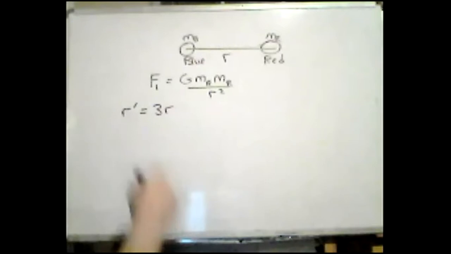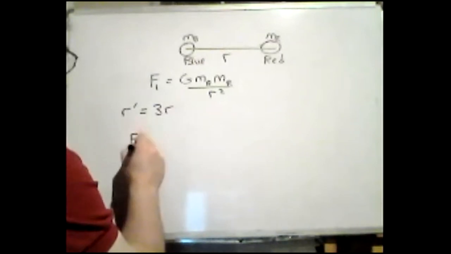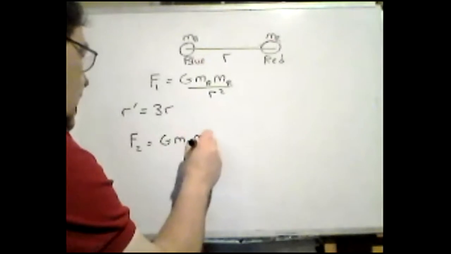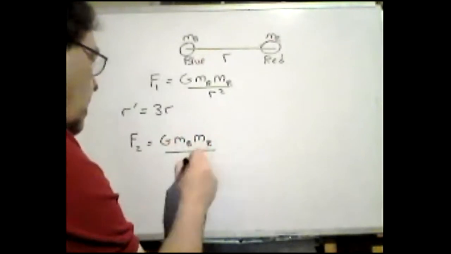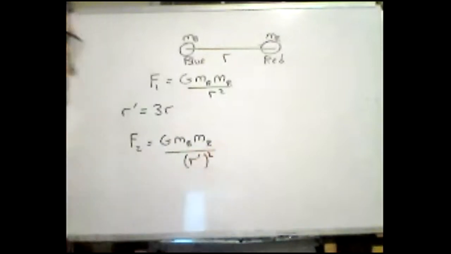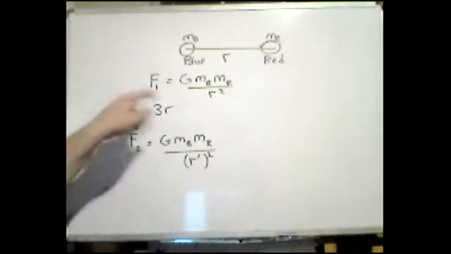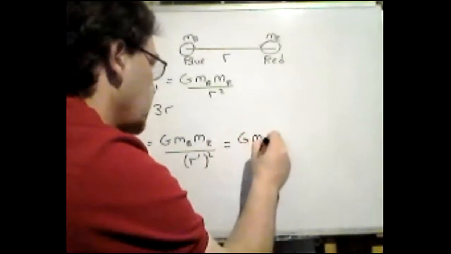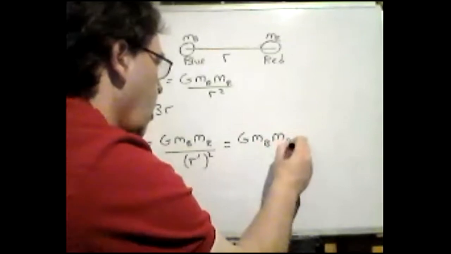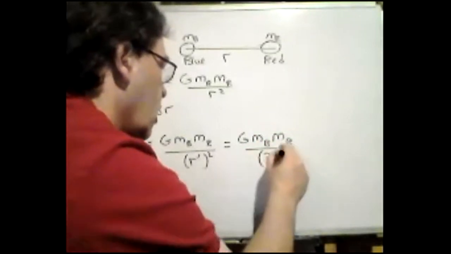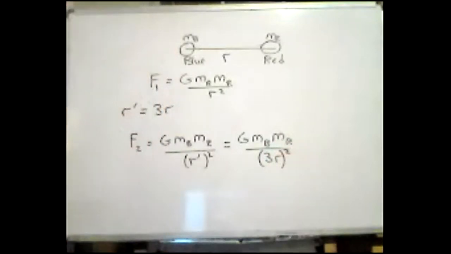What happens now? Well, I'll create an F2. That's going to be G M sub B M sub R divided by my new distance R prime squared. Well, what is R prime? Oh, it's 3R, right? That's going to be G M sub B M sub R divided by 3R, be careful, quantity squared.